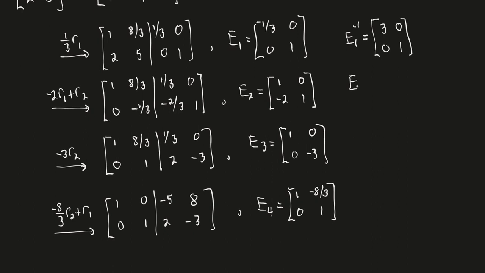And then E2 inverse is going to be 1, 0, and then a positive 2 there, 1, right? This one, E3 inverse, is going to be 1, 0, 0, -1/3.